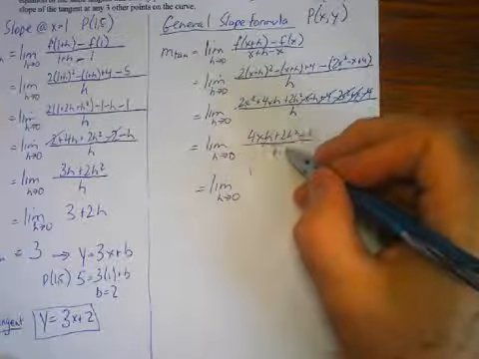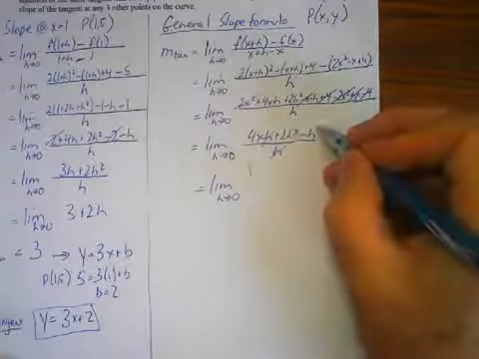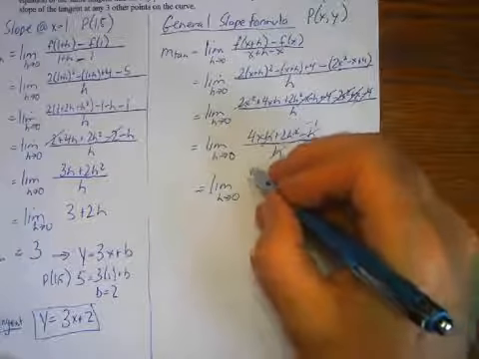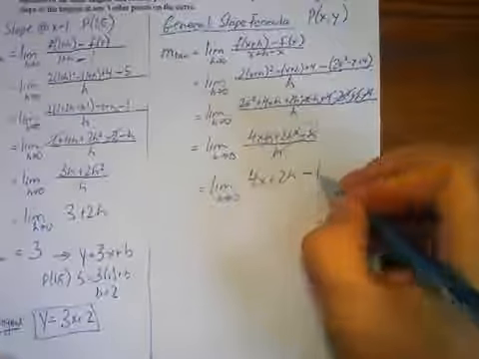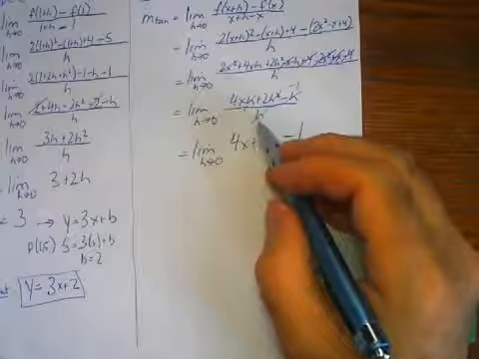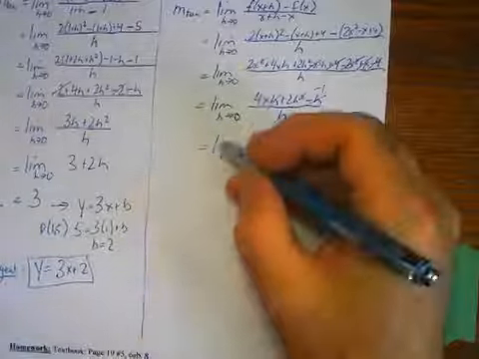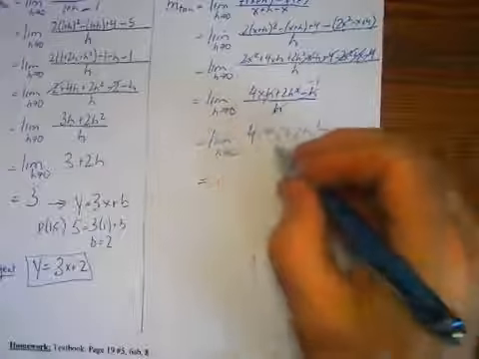I get 4x plus 2h minus 1. Now again, since I was able to cancel out the h in the denominator, now I can actually substitute in a 0 for h, so I can do the limit here and say that's just equal to 4x minus 1.